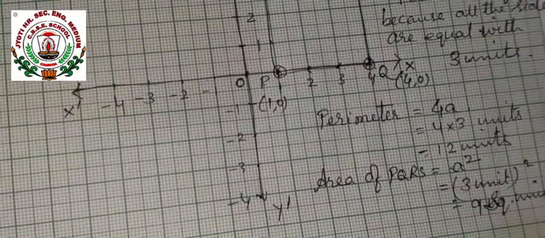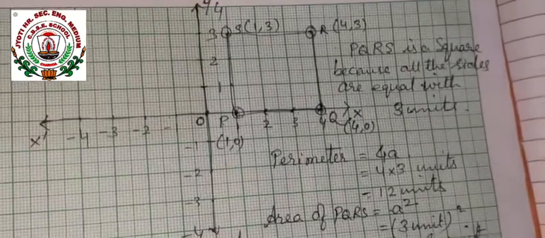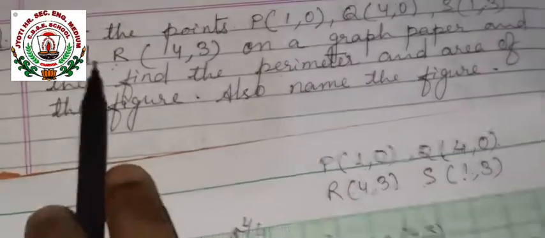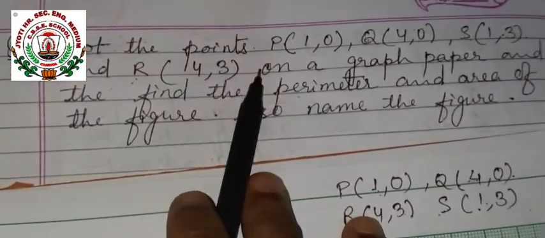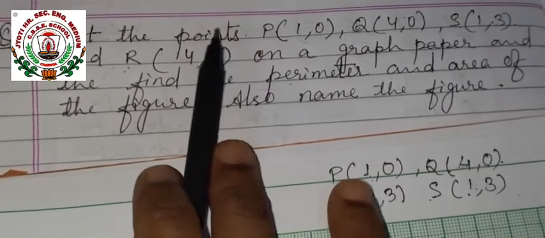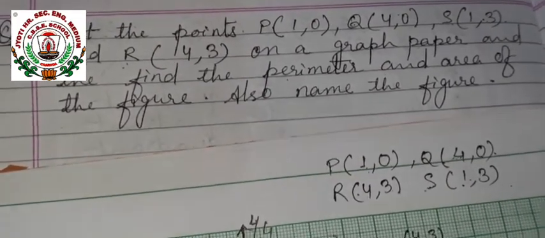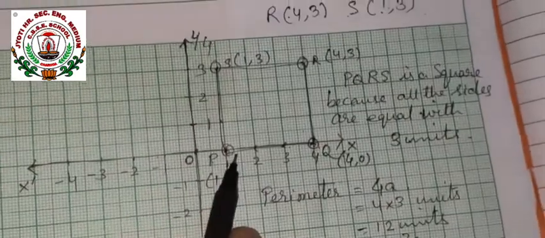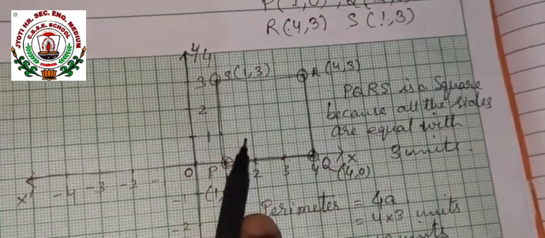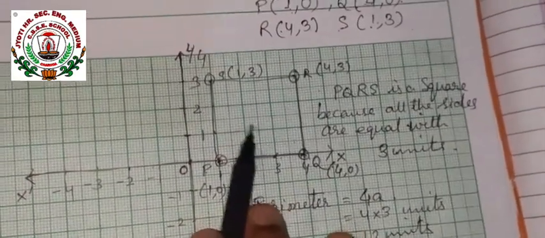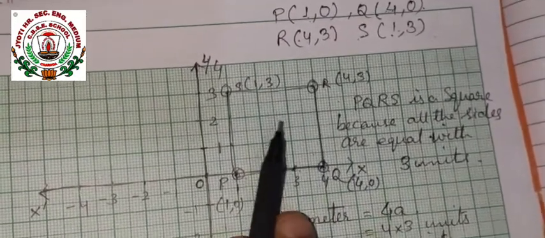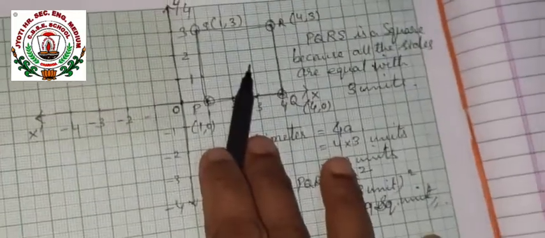Okay, clear? This way, with the given points, any points which are given to you, you can plot those points on the graph paper and find the figure's perimeter, area or whatever is asked according to the question. Okay, clear children?